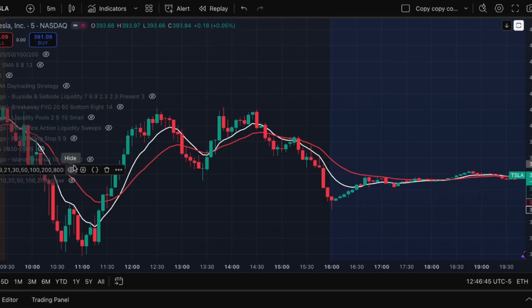You would use an SMA for a swing trade or a long-term trade. An EMA you're going to use for a day trade, a scalp trade, a quick 15-minute trade. I'm going to show you how they're both used today.